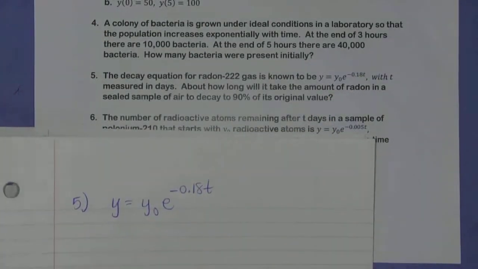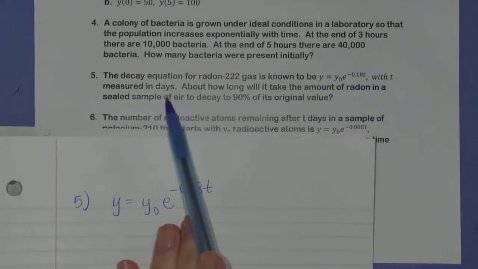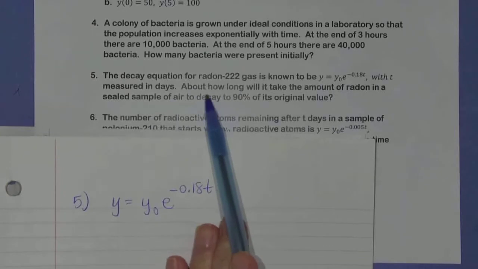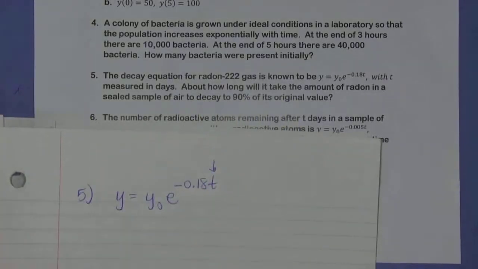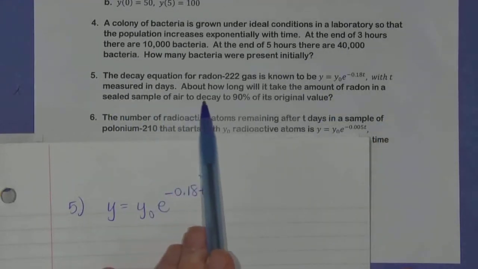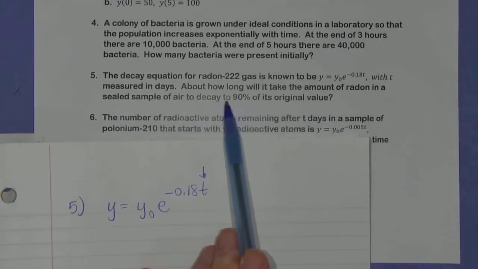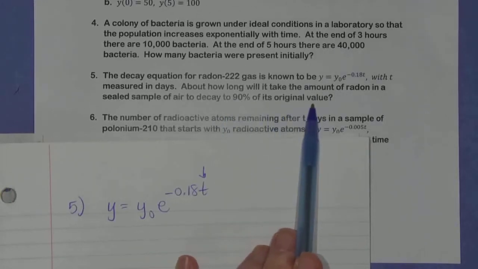This is really nice because they give it to me. They also say that t is measured in days. They're asking me how long will it take, so again, we're looking for time, the amount of radon in a sealed sample of air to decay to 90% of its original value.